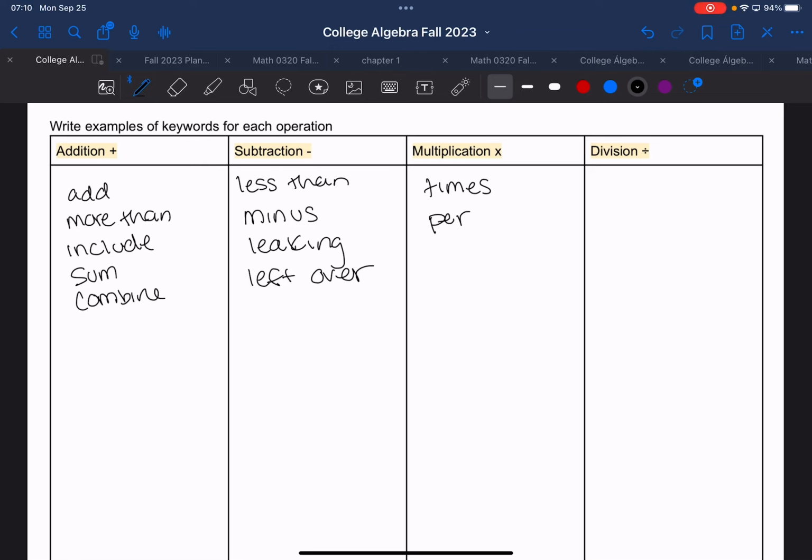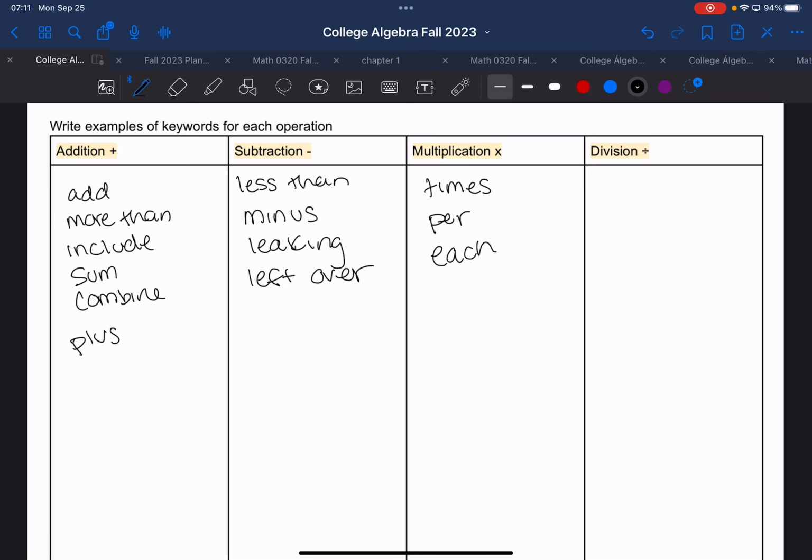That means $8 times how many pizzas you get. Okay, any other words for multiplication that you can think of? Good, each. There's tons of words here, so we're just listing a few. And I thought of another one for addition, plus. As you guys said, minus here.